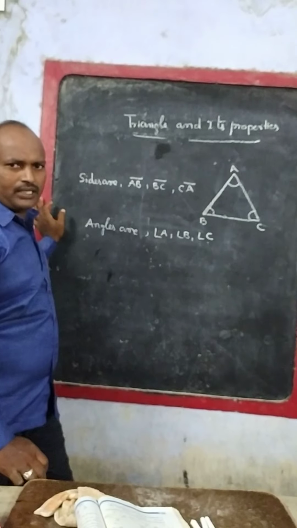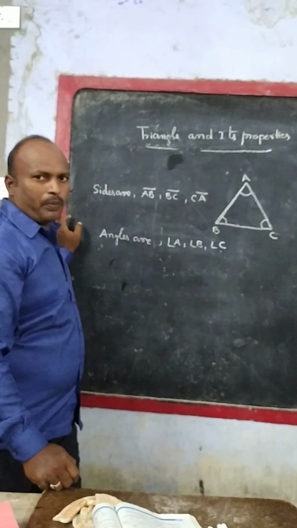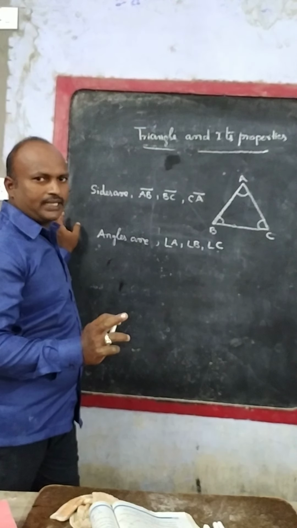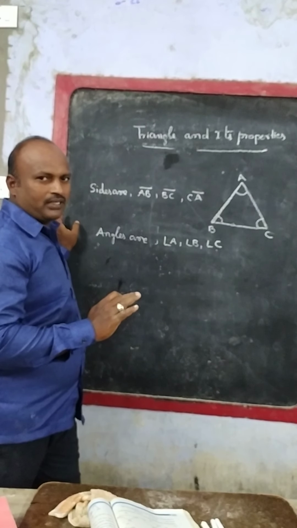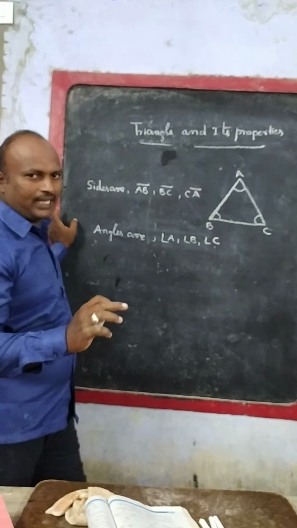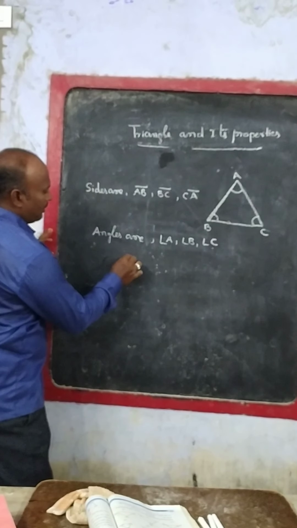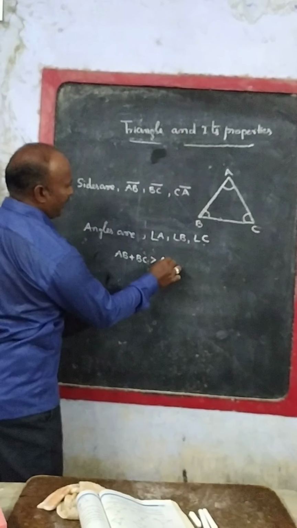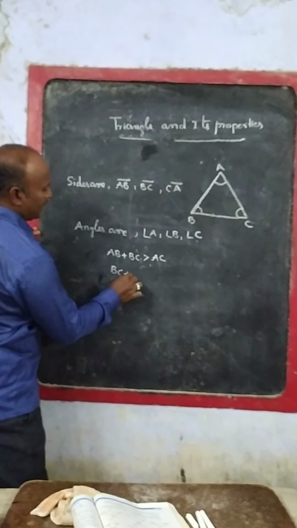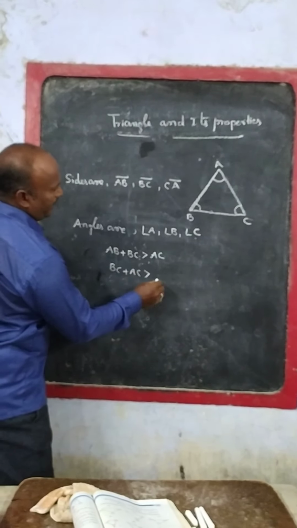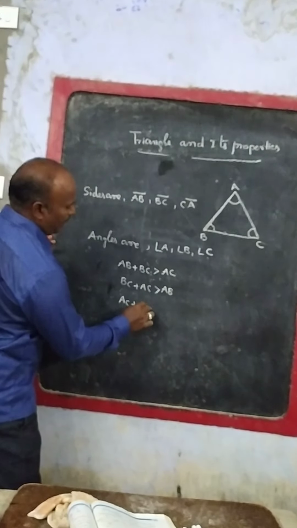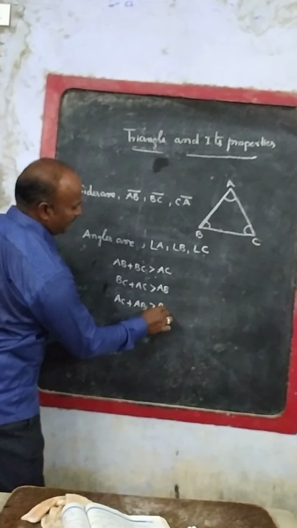In the previous class we learned two properties of a triangle: the sum of any two sides of a triangle is greater than the third side, and the difference of any two sides of a triangle is less than the third side. That is, AB plus BC is greater than AC, BC plus AC is greater than AB, AC plus AB is greater than BC.